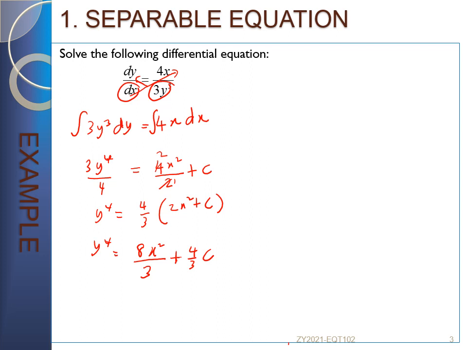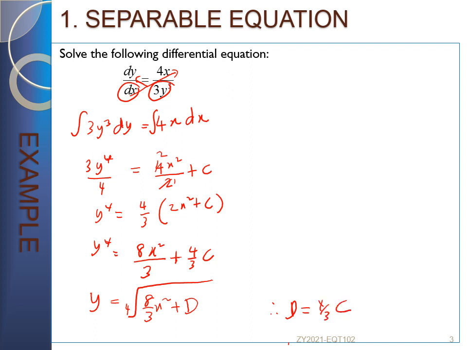Okay, we can stop here or we can simplify it more. It will be y equals the fourth root of 8 over 3 x squared plus d, where d is equal to 4 over 3 c. So it's just a constant.